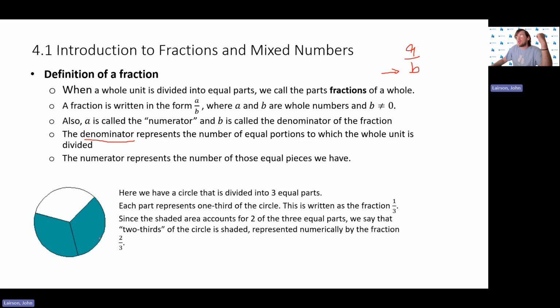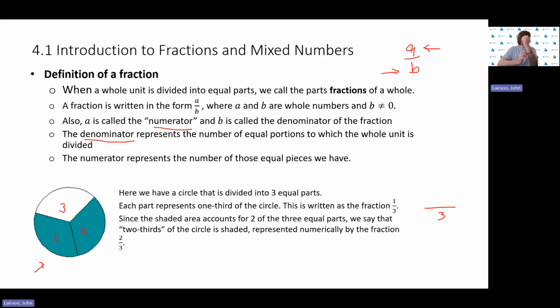Okay, so with this circle here, ignoring the shaded and non-shaded parts for a moment, we can see the circle has been split up into 3 equal parts, right? 1, 2, and 3. So if we have a fraction that represents this circle, it will have a denominator of 3. The bottom will be 3. The top of the fraction is called the numerator.